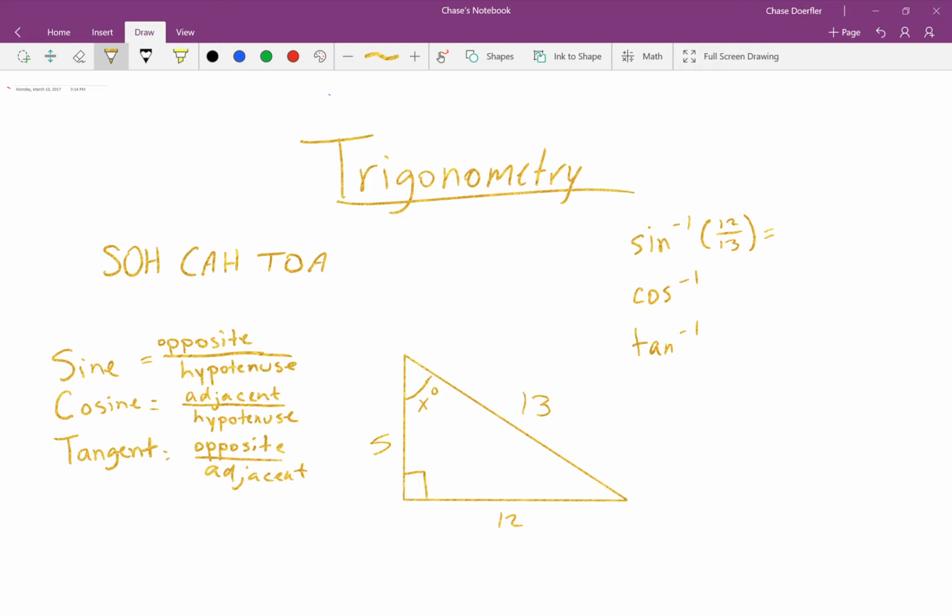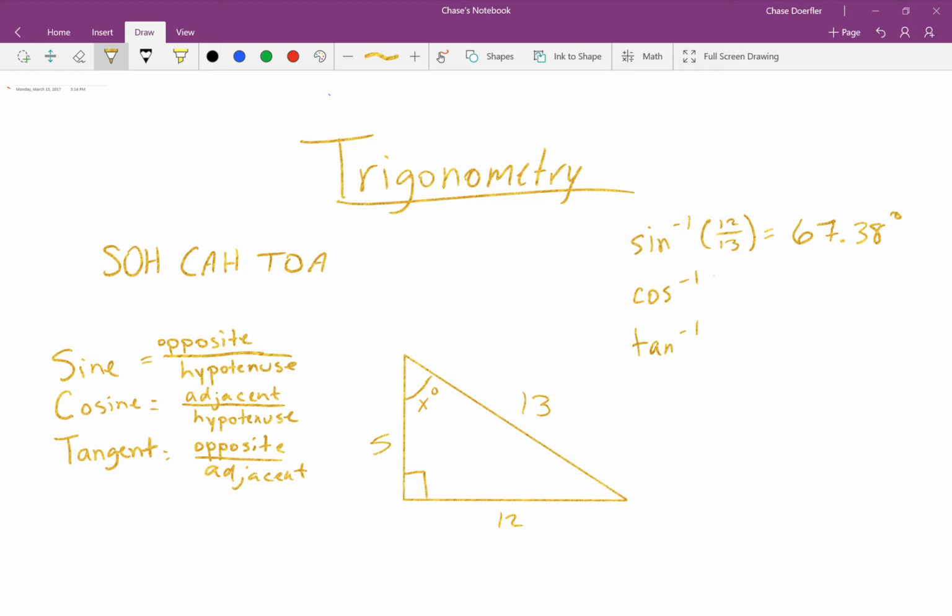So we have to put this in the calculator. That'll be 12 divided by 13, sine -1, and that'll give us approximately 67.38 degrees, and we'll see if we can get the same thing for the rest. That's why I'm keeping it to the nearest hundredth.